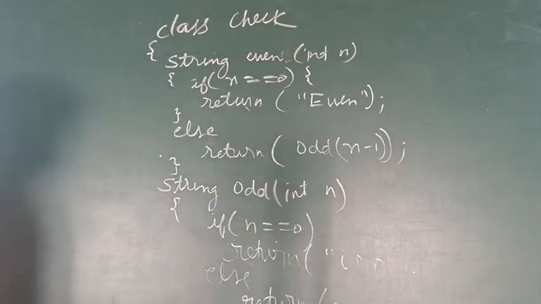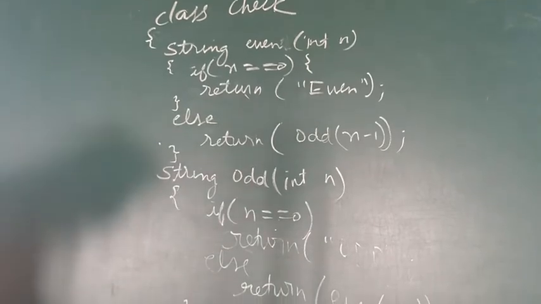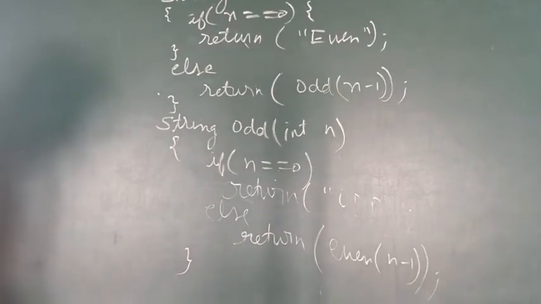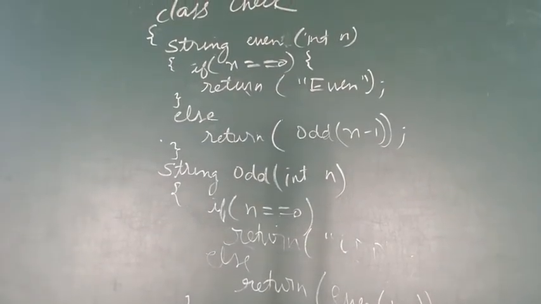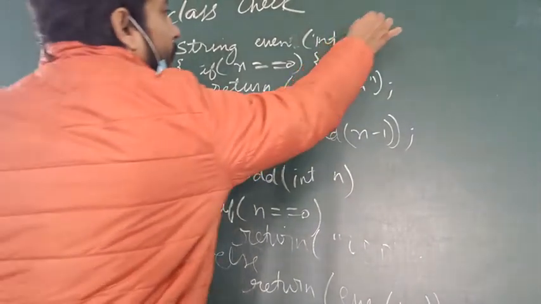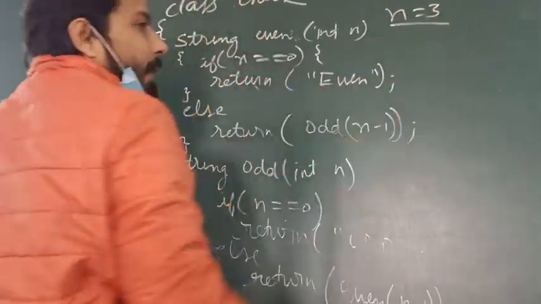Return even of n minus 1. Okay. Now take the value of even, that is a function. Let's take function 3. That means the value of n we will consider here is 3.